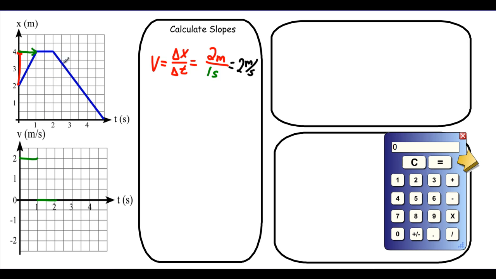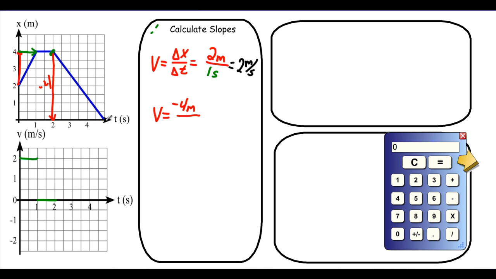The next portion is I need to figure out the slope of this line. Well, I start here at 2, 4, and then I go to 5, 0. So my rise in this case, well, I'm going down. I go down from 4 to 0. So in this case, my change is going to be negative 4 meters, so negative 4 meters all over my run.